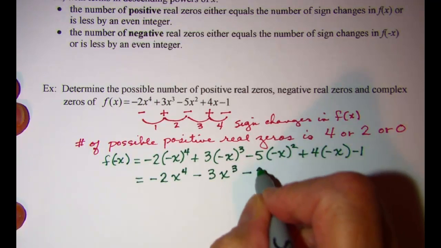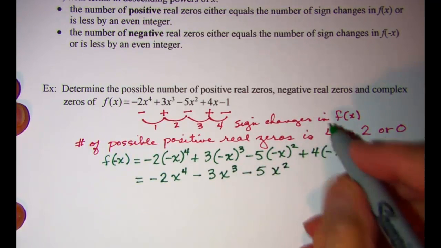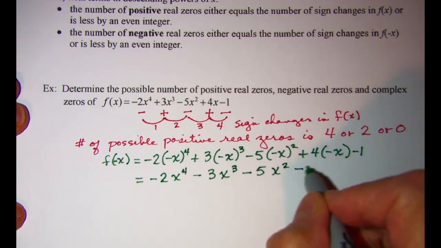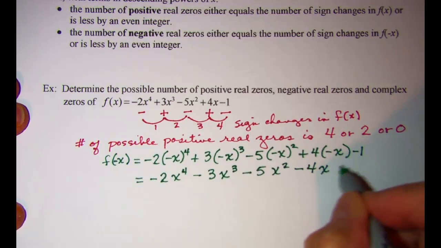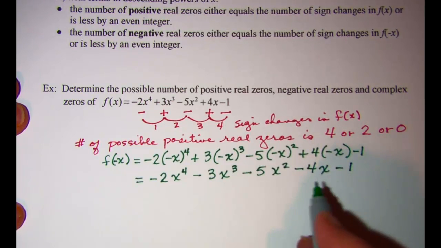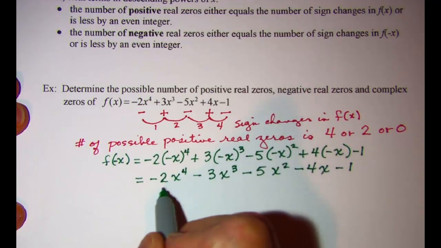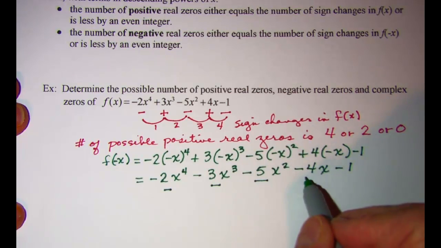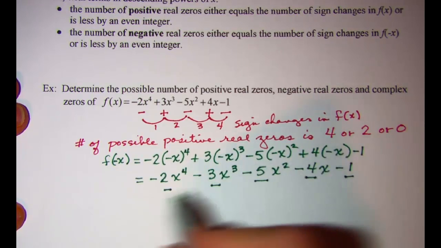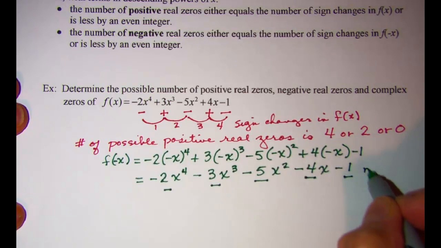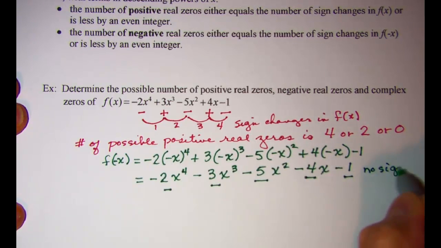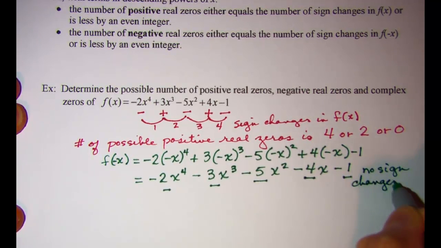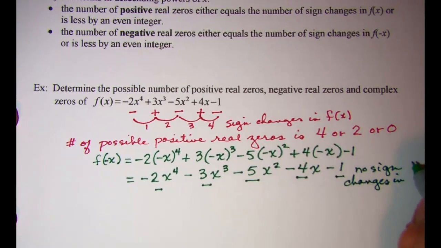That'll be a negative 5x squared. This one, positive 4 times a negative x will be a negative 4x, and then minus 1. So we can see then that this term is negative, negative, negative, negative, and negative. So there's no sign changes in f of negative x.